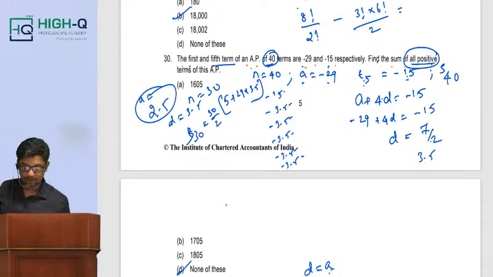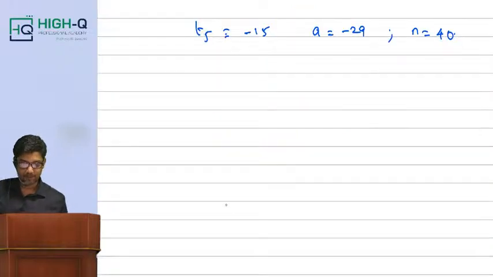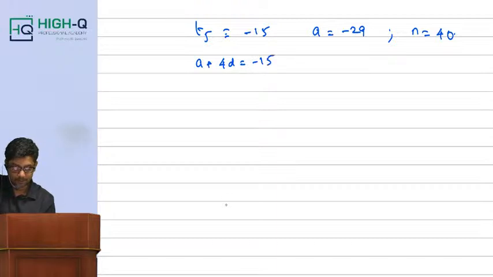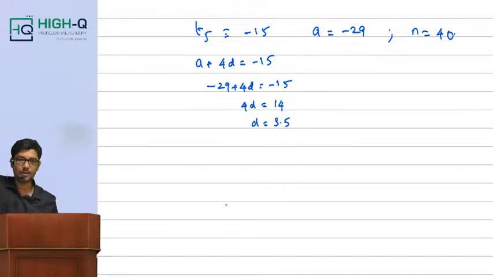Find the sum of all positive terms of the AP. Now listen here, my dear. A plus 4D is equal to minus 29. Guys, I have got time now, so I can do it slowly. So 4D is equal to 14. D is equal to 7 by 2, which is 3.5.